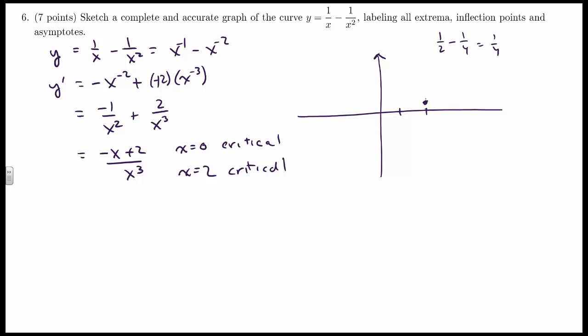Now, when x is bigger than 2, we've got a negative slope. And when x is between 0 and 2, it looks like we have a positive slope. So it looks like this is going to be a relative maximum.